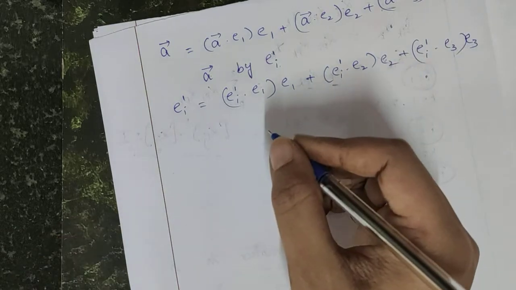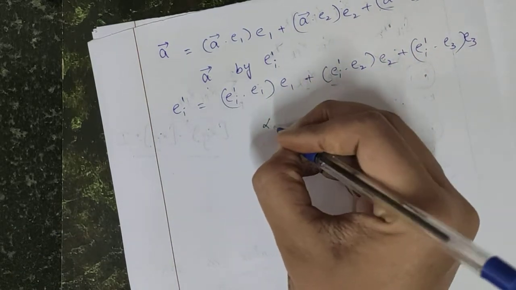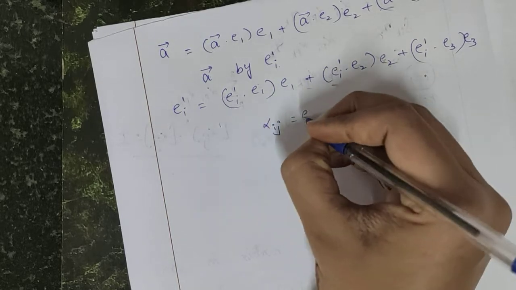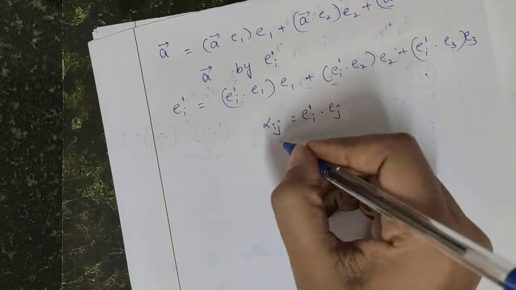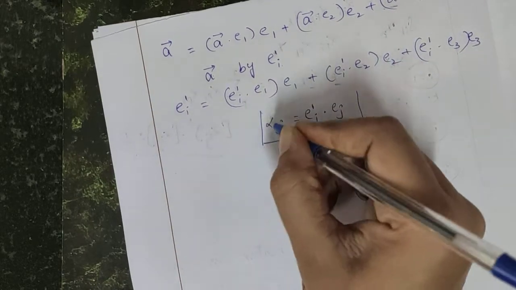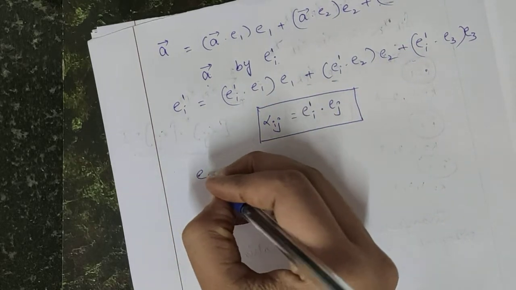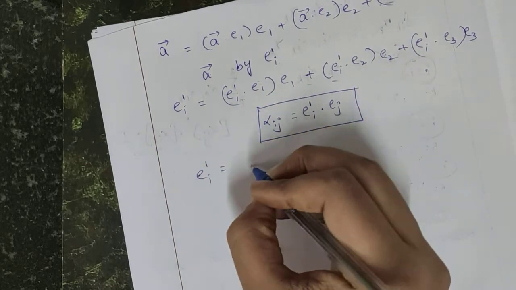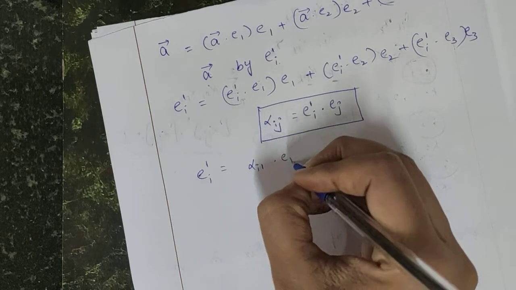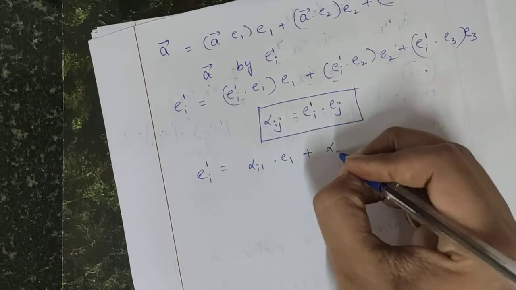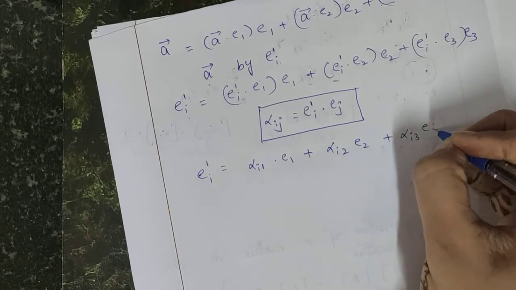Now we know that from the coordinate transformation we can write alpha Ij is equal to Ei prime dot Ej. So using this notation I can write this expression as Ei prime is equal to alpha I1 E1 plus alpha I2 E2 plus alpha I3 E3.